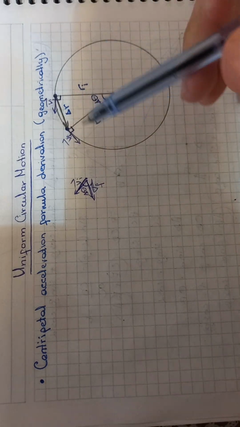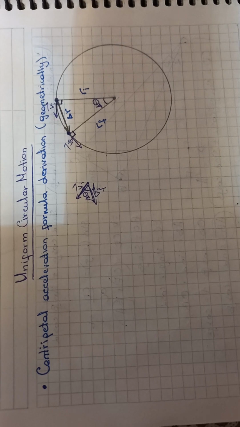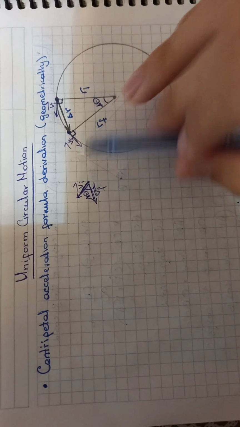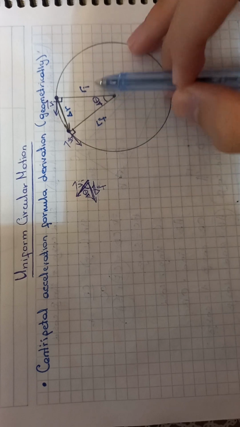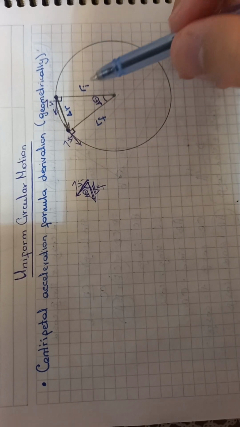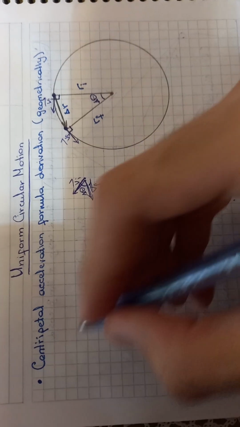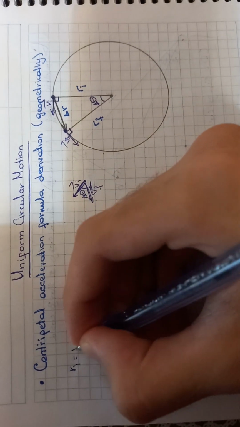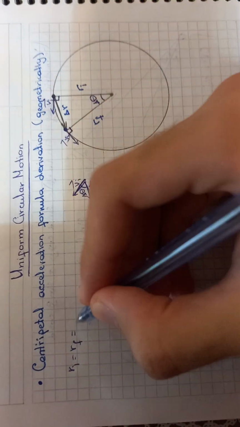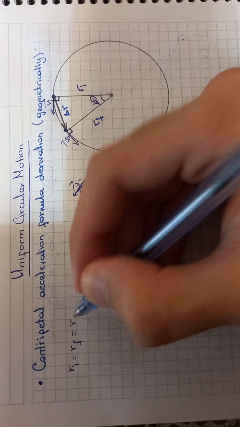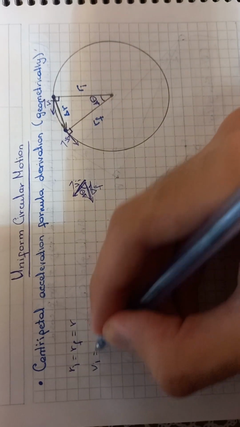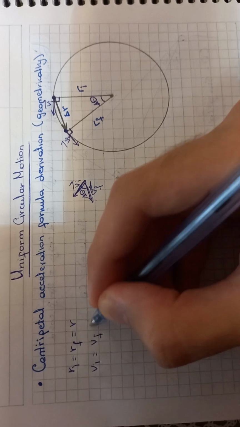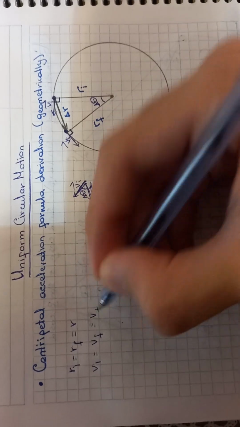And from the similarity of triangles, we can deduce that these two are similar triangles, because the radius, of course, is a circle, so it has the same radius at all points. So the initial radius is going to be equal to the final radius, which we can denote as r, and the magnitude of the initial velocity is going to be equal to the magnitude of the final velocity, which we can denote as tangential velocity.